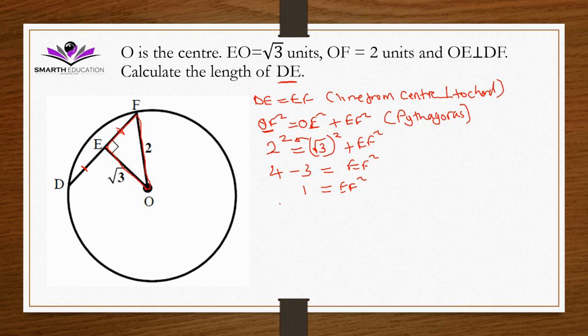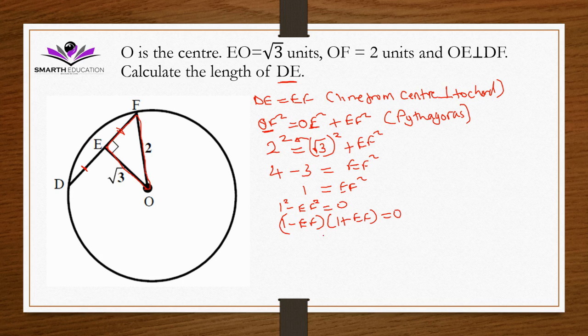Do you know that? You can say 1 minus EF squared is equal to 0. These are squares, 1 squared and EF squared. There you can say 1 minus EF and then 1 plus EF is equal to 0. Do you see that?